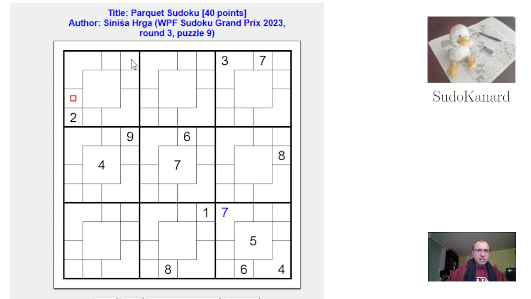So the cells that can have a 4 are those. And actually, using this 4 here, we know that 4 won't be in those isolated cells. So 4 is nowhere in here. It's nowhere in here because of this 4, so 4 will have to be in one of those 2.